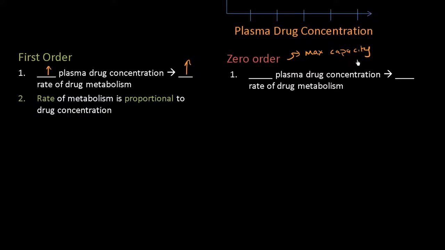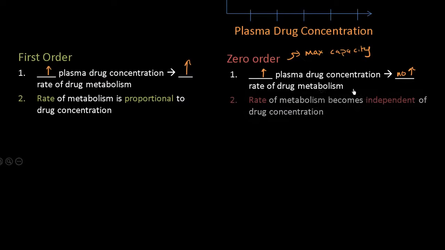So if all of our enzymes are working, if I increase the plasma drug concentration, there are no extra enzymes to put to work, and therefore there will be no increase in the rate of drug metabolism. And so once we get to this point, what happens is that the rate of metabolism has now become independent of drug concentration.